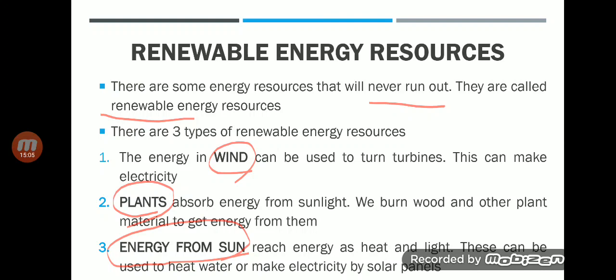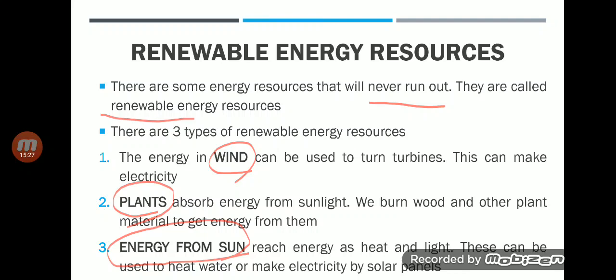Wind can help us to produce energy. Here, wind is giving us energy in the form of electricity, and we will use this electricity in our electrical appliances, to turn on the lights or AC.